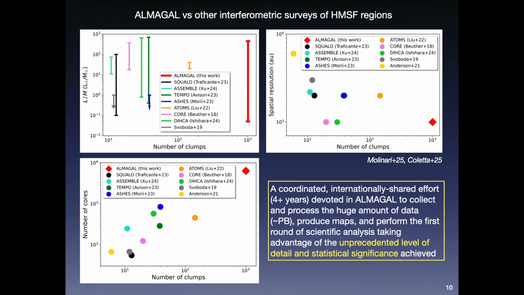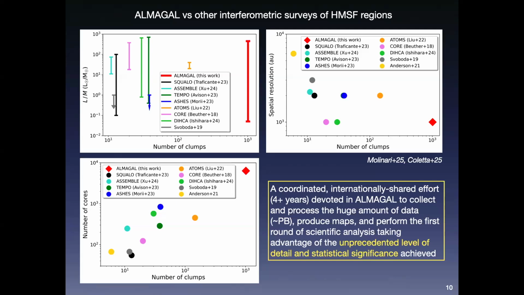Also in terms of spatial resolution, which is about 1,000 AU, the best among the recent surveys. In the left plot, we see also the number of cores, which I will present shortly, so the statistics that we have on the compact structures that we extract. We are expanding by at least one order of magnitude all the other recent surveys of star-forming regions with interferometers.